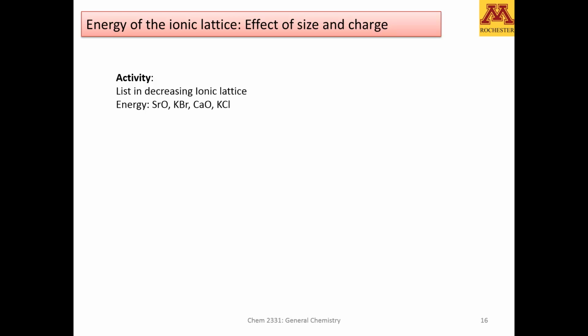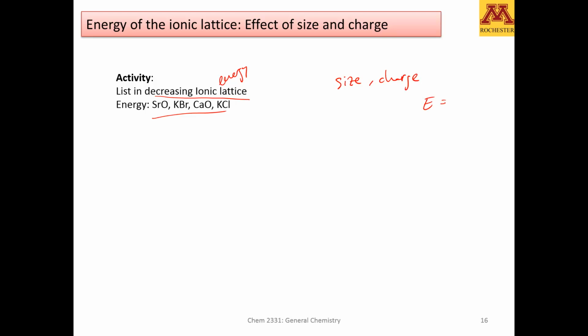Let's see if that makes some sense when we apply it to a problem. In this case, it's asking you to list compounds in decreasing ionic lattice energy. So you have to identify, among these four compounds, we're looking for the size, and we're looking for the charge.